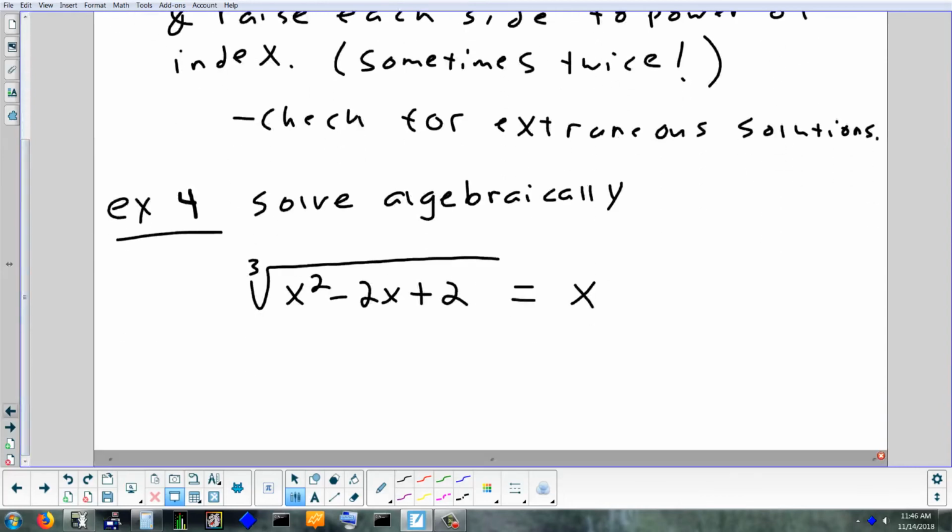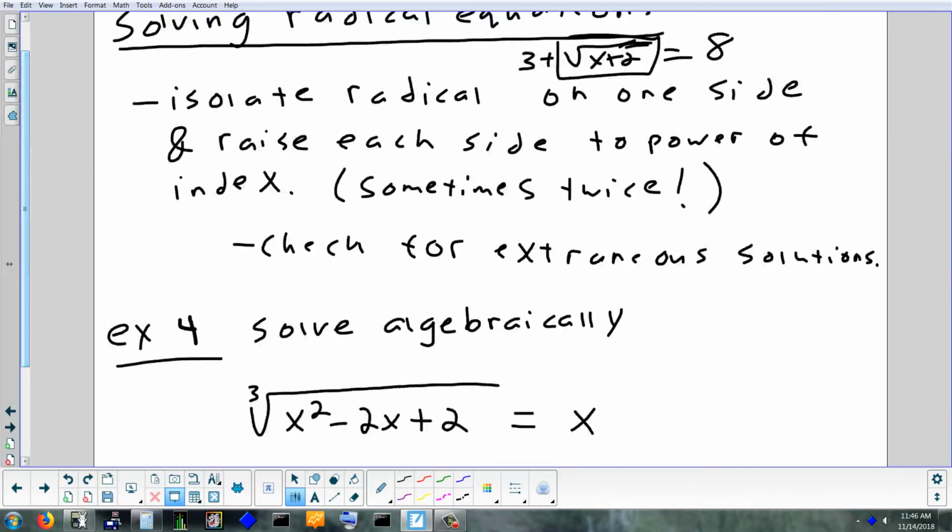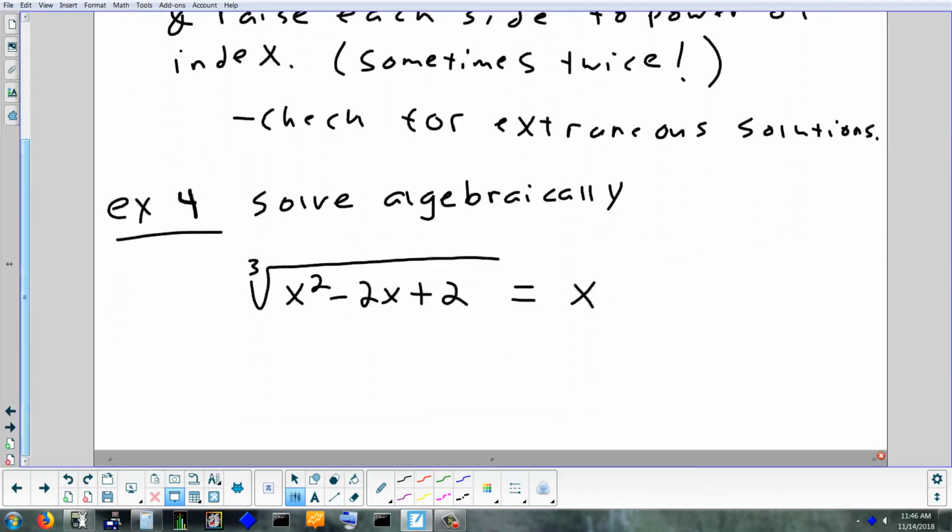Okay, so let's see if we can solve this one. Step 1, get the radical by itself on one side. Is the radical by itself here? Yeah, there's nothing on the outside of that radical. It's not like you have to divide each side by 5 or anything like that.